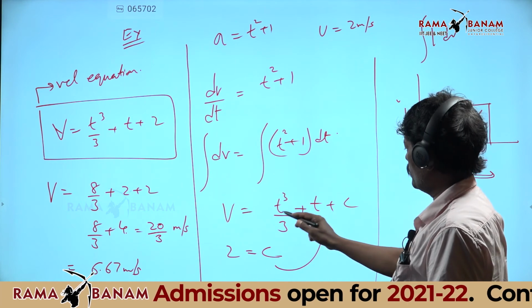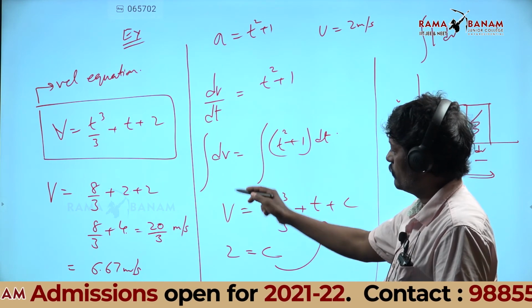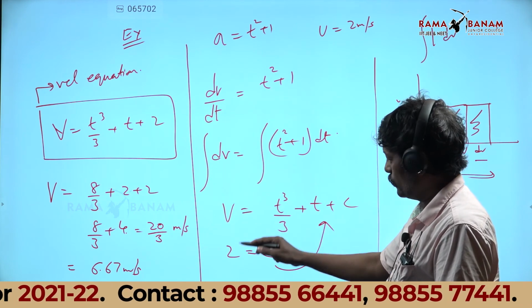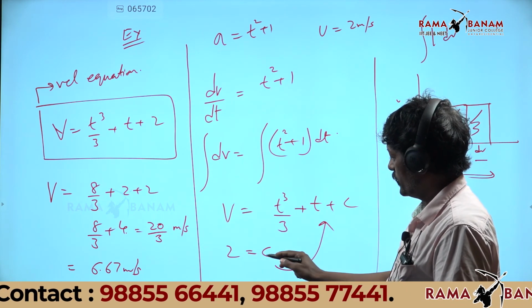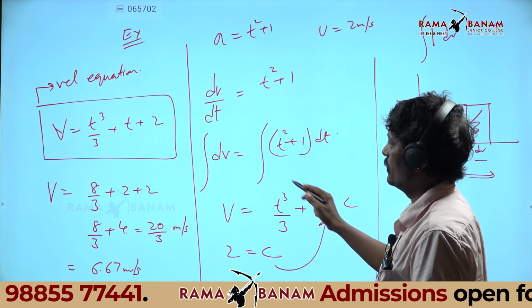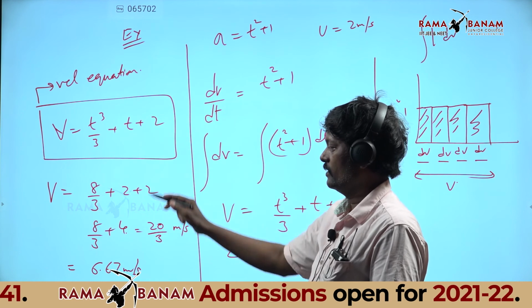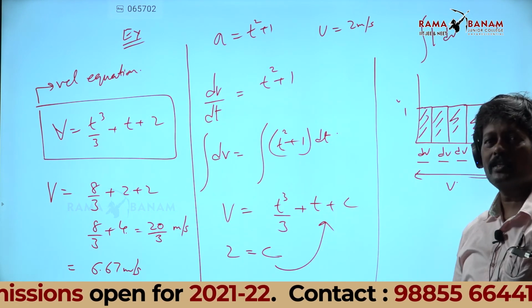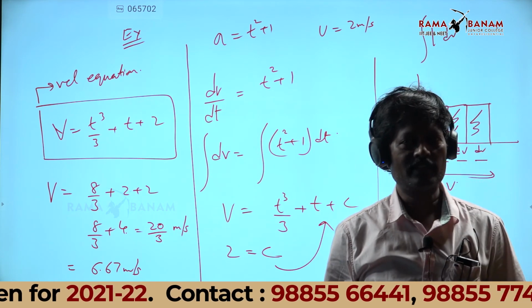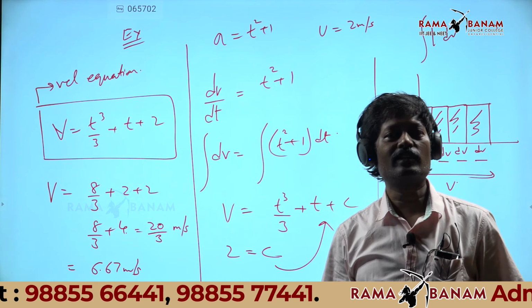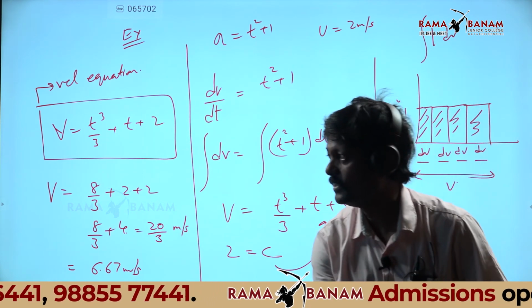Put t equal to 0, v becomes u, and that u is 2, so c is 2. Substitute the value of c back in the equation, I get the velocity equation. So our problem is solved here. I asked what is the velocity at the end of 2 seconds, I got the velocity. You cannot use v equal to u plus at.